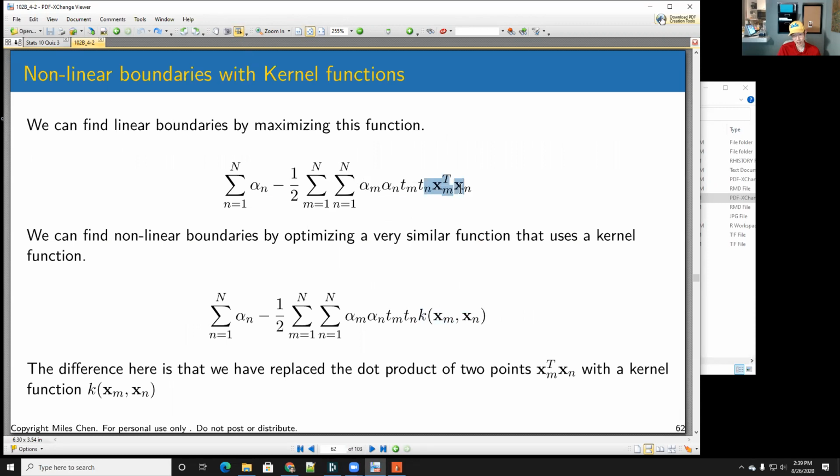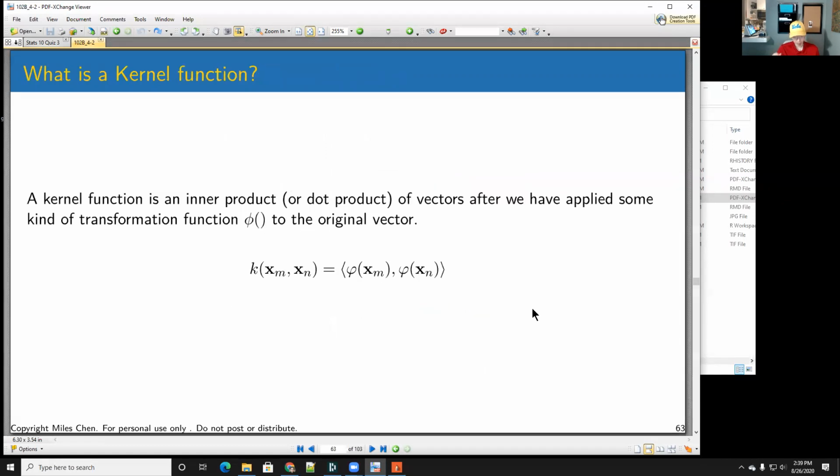So this inner product, x transpose x, can be turned into a kernel product, okay? Or a kernel function, right? So this inner product of xm and xn can be turned into a kernel function. So what's a kernel function? A kernel function is just the inner product of vectors after we apply some kind of transformation function.